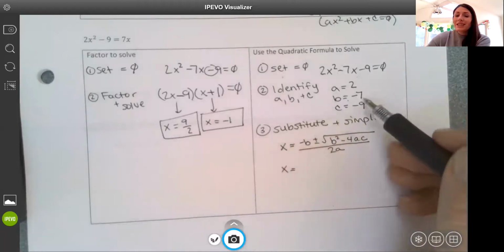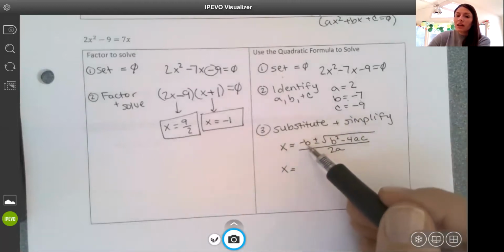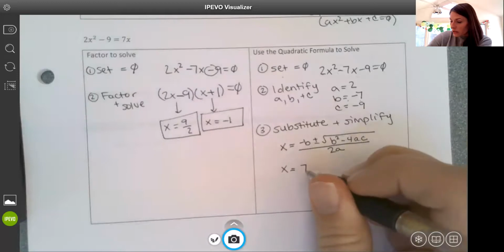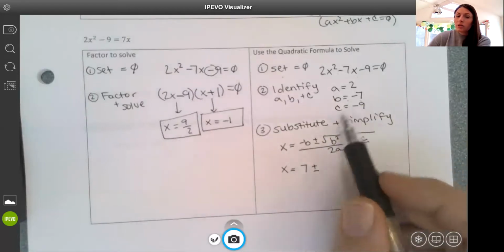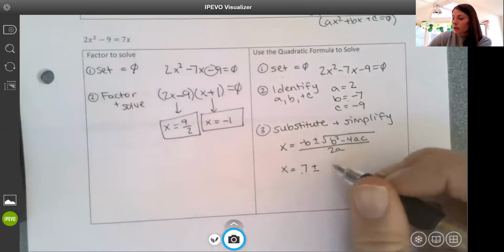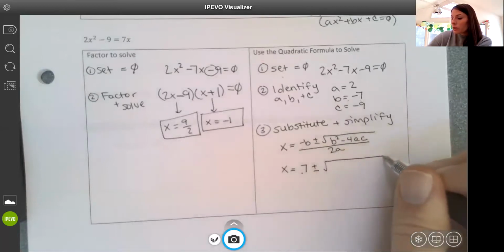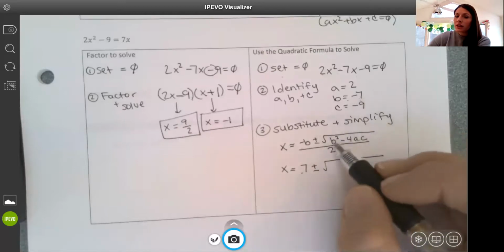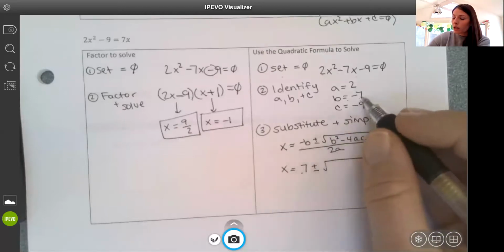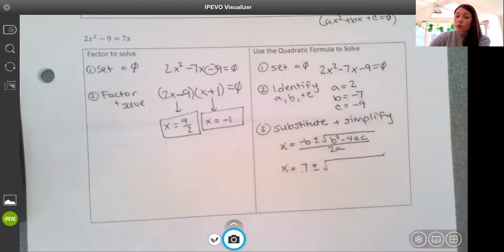So when b is negative, negative b is just going to be positive 7. Okay, because it's negative b, the opposite of negative 7 is just positive 7. Plus or minus the square root of, now I could plug in and write this as negative 7 squared, and remember, whether I'm squaring a negative or a positive, it's going to end up being a positive number.